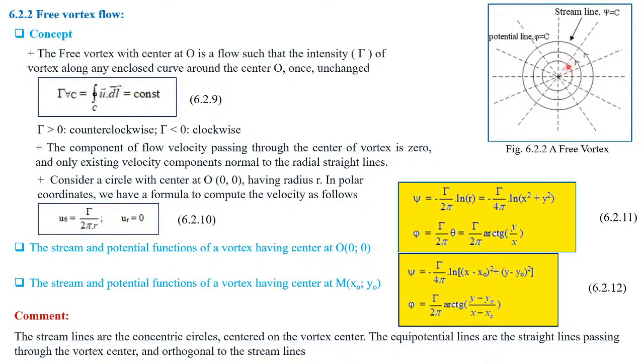That means in this case, U_r is 0 and U theta equals this value divided by the length of the curve. The length of the curve is 2 pi r. So then you can get the formula to calculate U theta equal to this one, and U_r is 0.